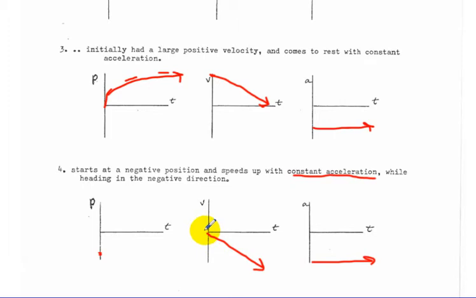Over here originally 0, and it speeds up, and now it gets negative, large negative, so a large negative slope. You can see it's a curve that's curving downwards like that. So that's what we have there.